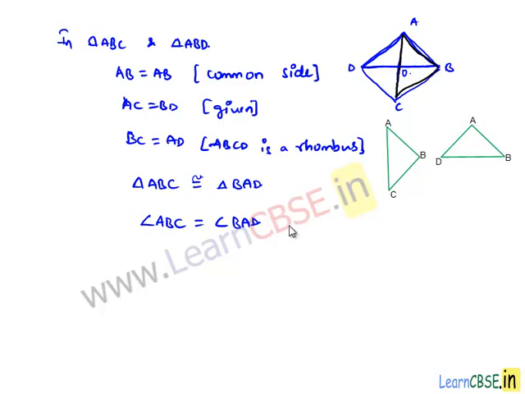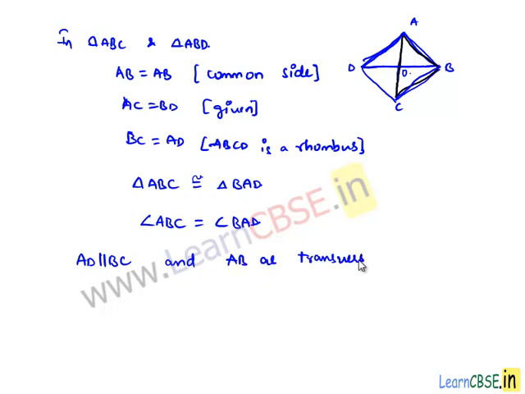And we know that AD will be parallel to BC as a rhombus is a parallelogram in which all the sides are equal. Now considering AD parallel to BC and AB as transversal, we know that the sum of interior angles lying on the same side of the transversal is equal to 180 degrees.